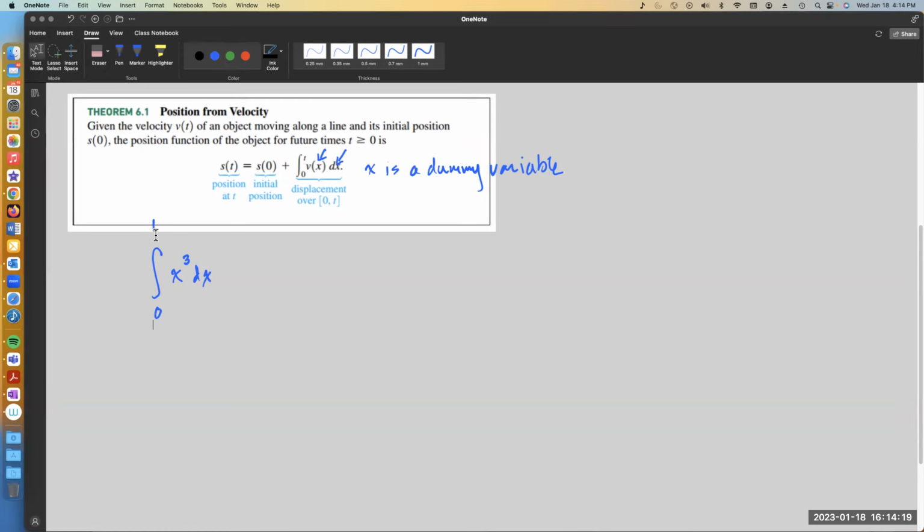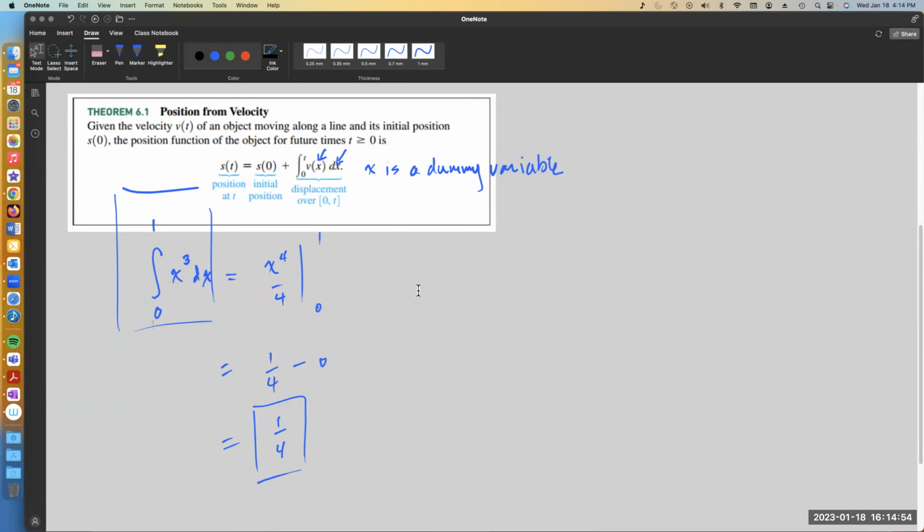That is actually just a constant, and that x is acting like a placeholder. That x is not really a variable because look what happens. We do our integration, we evaluate on our interval, we plug in our limits of integration, and we get that this expression here is really just the constant 1/4. So it's just a placeholder. That x is not a variable. It's called a dummy variable because it looks like a variable, but it's not really a variable. It's just a placeholder until we finish the integration.